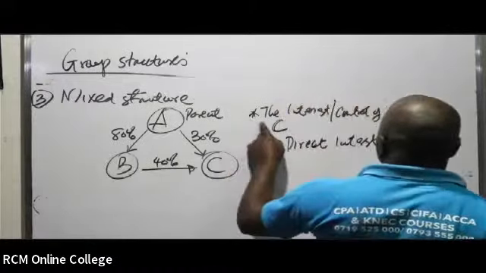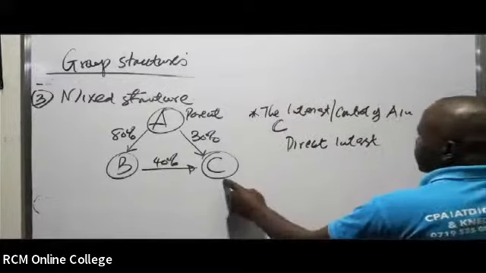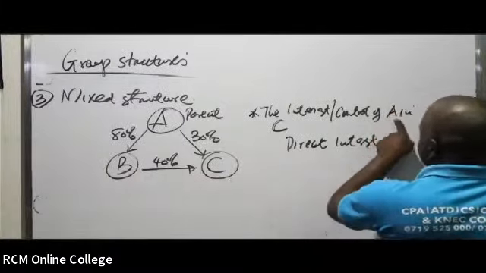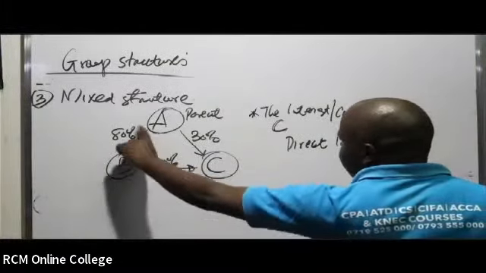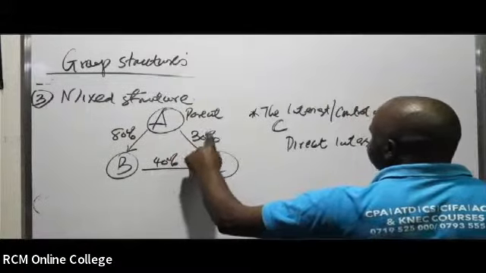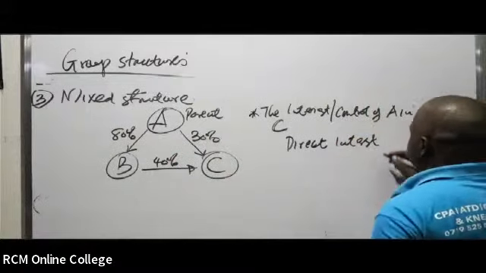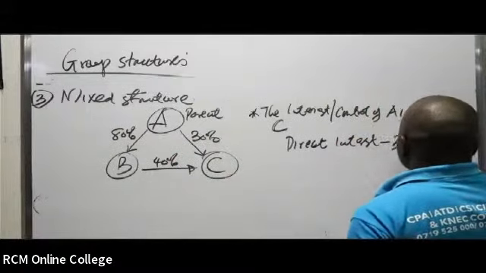The interest of A in C, the direct interest, is actually 30%.